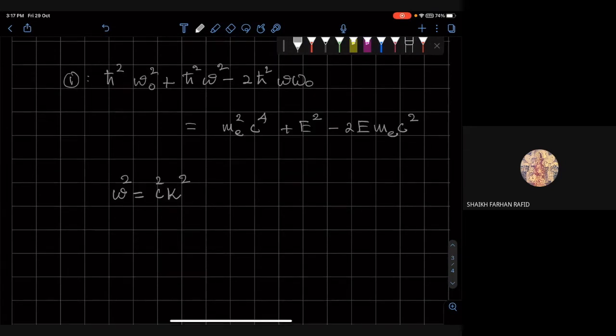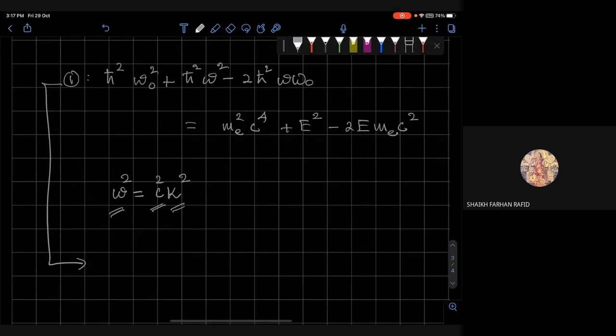So this is just a frequency, this is the wave number, and this is the speed squared, right? So all these squared. This is just a classical expression. We use this, and then this equation becomes, we can factor out h squared.